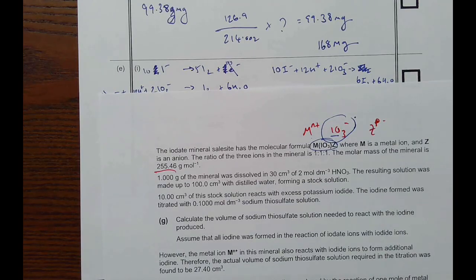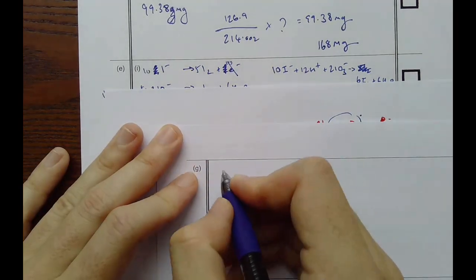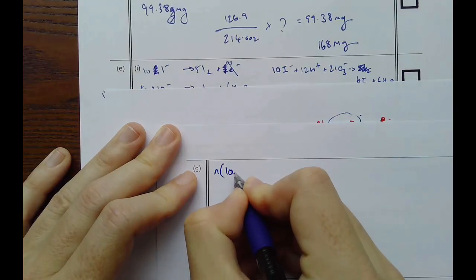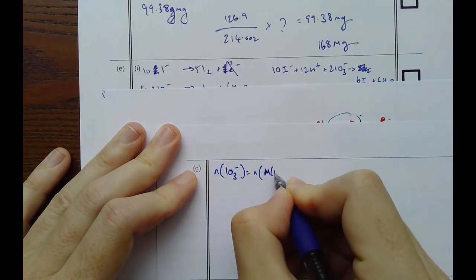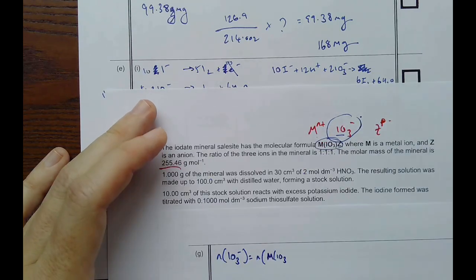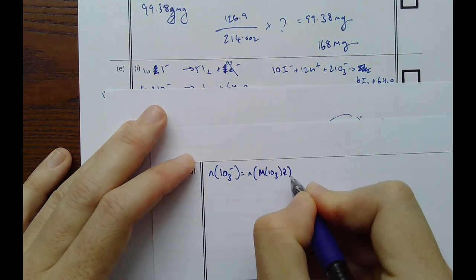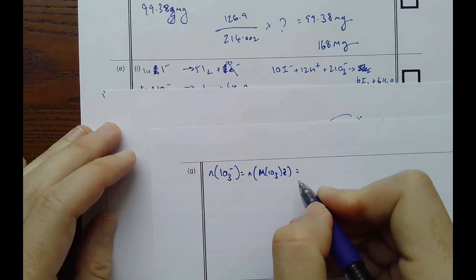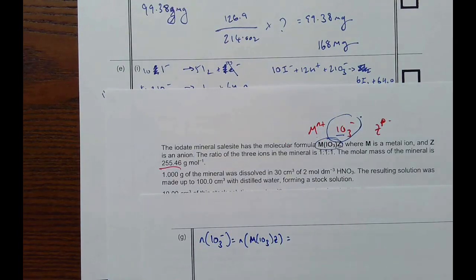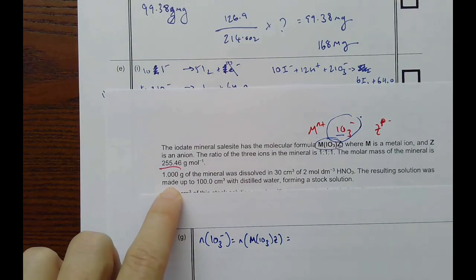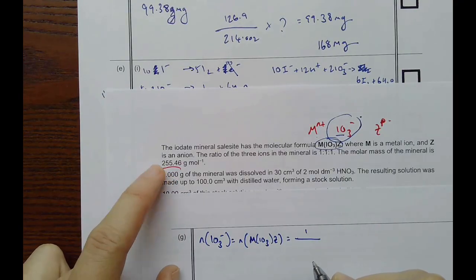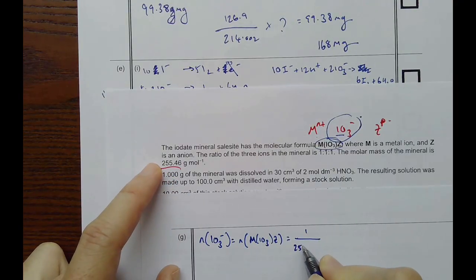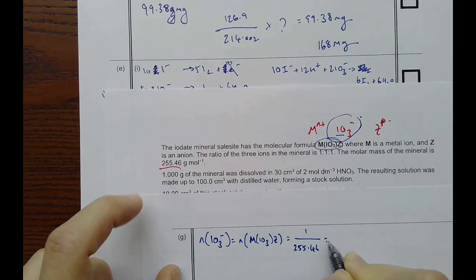Okay, so step 1 is moles of iodate equals moles of MIO3Z, which equals 1 gram divided by 255.46.